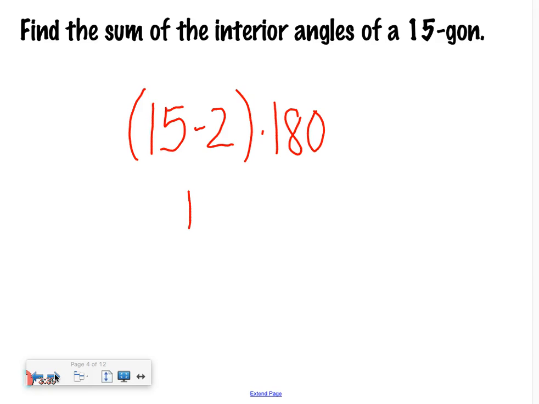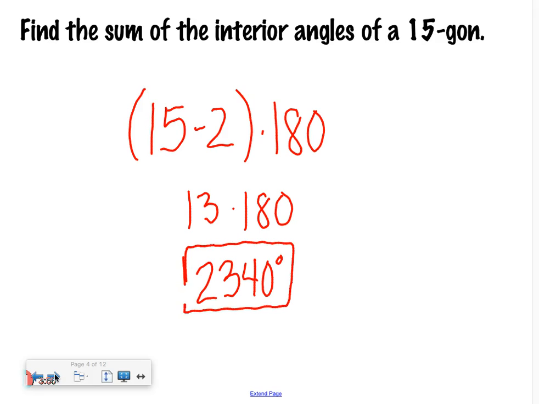This is going to give us 13. What do we get, folks? Does that make sense? That one's pretty straightforward, right? Just plug in.